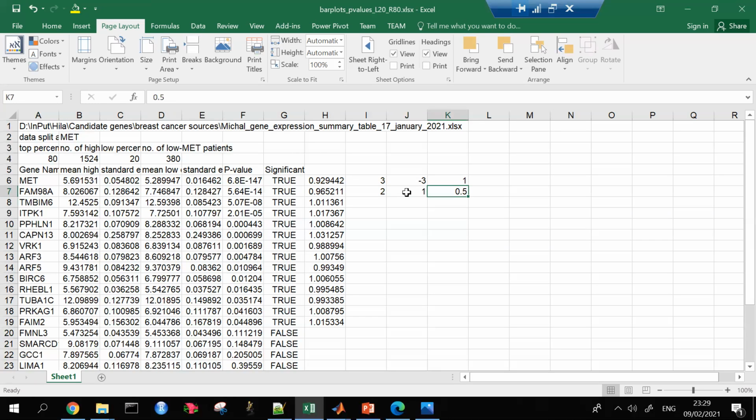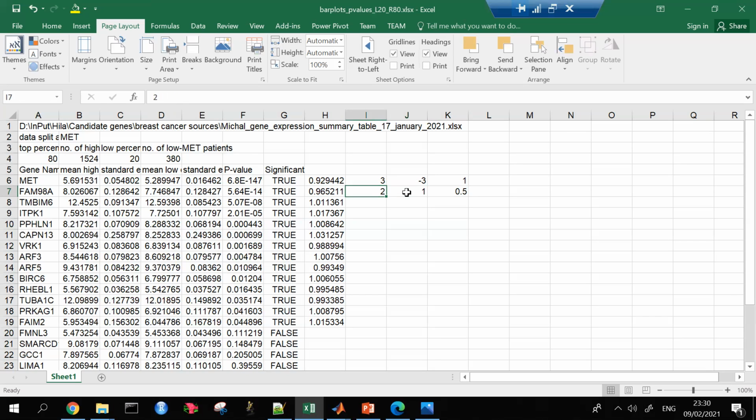But if you have negative values, you'll have to be careful with that.